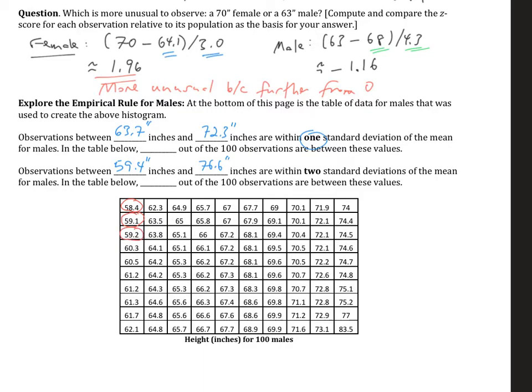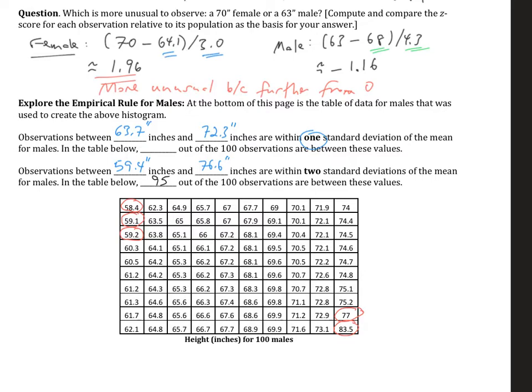So those 3 values are definitely not in between 59.4 inches and 76.6 inches. On the high end, 77 and 83.5 are the only data values that are not in between those things. And so that means, since it's 100 values altogether and 5 of them are not in between, that 95 of them are in between those 2 numbers.